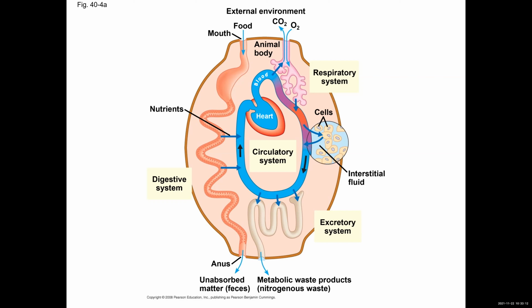Now, the 4th system, the circulatory system, is going to stay inside the body. It's not good if we get a leak in it. We don't want it connected to the outside world. Its job is to move substances around and help all of the different body organ systems share the resources that they're getting with all the other body organs, and also to transport communication molecules around.